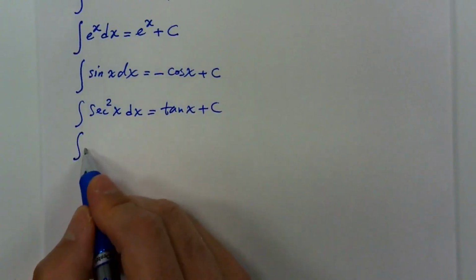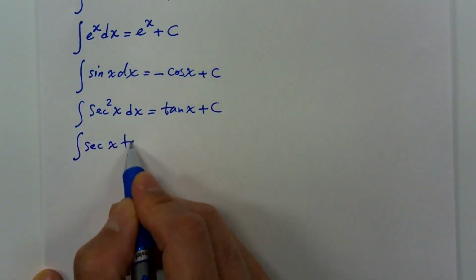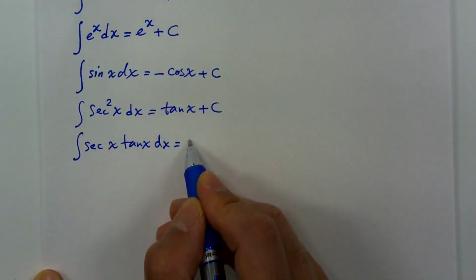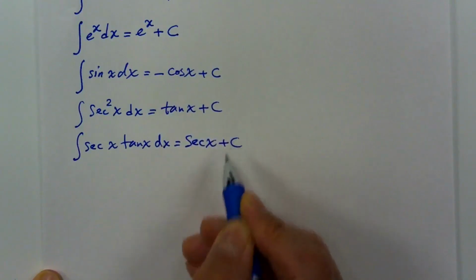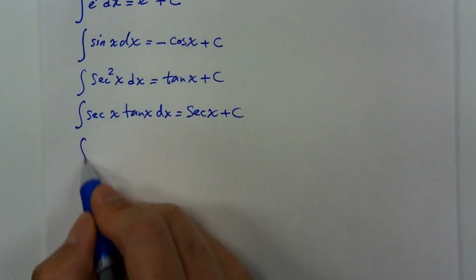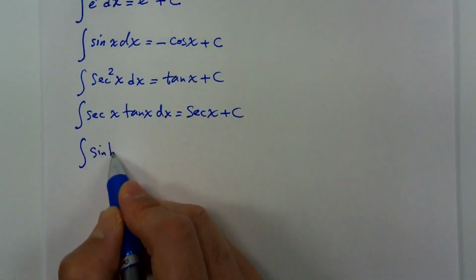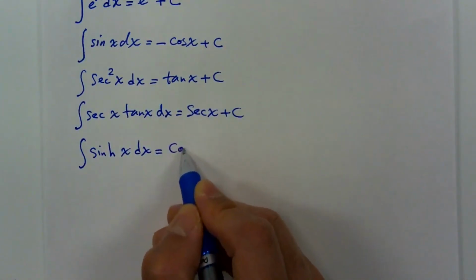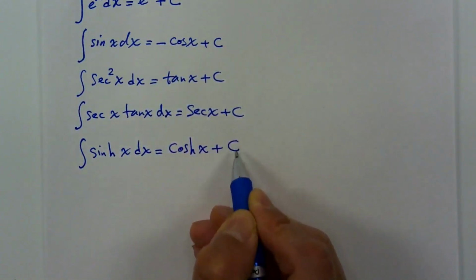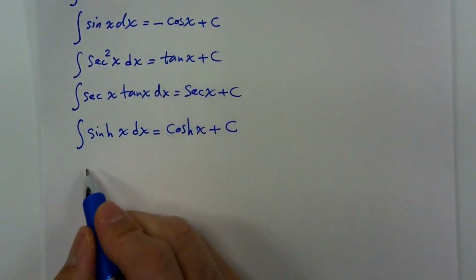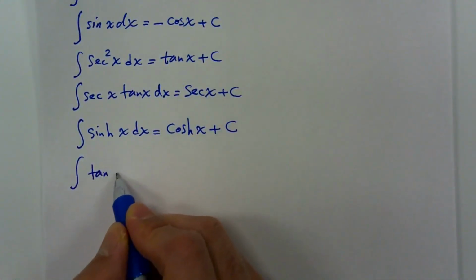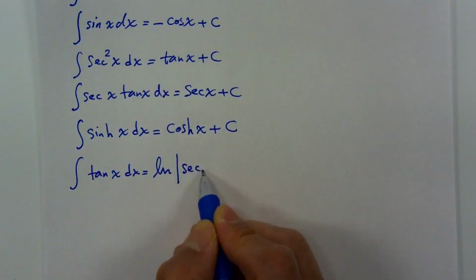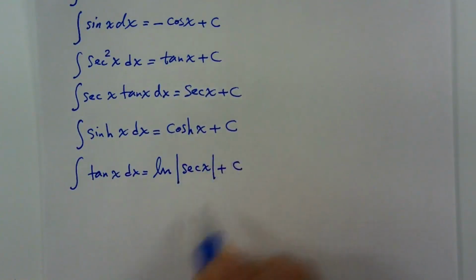Integral of secant of x tangent x dx is equal to secant x plus c, and of course the integral of the hyperbolic sine x dx is equal to the hyperbolic cosine of x plus c, and also the integral of tangent of x dx is equal to natural log of secant x plus c.